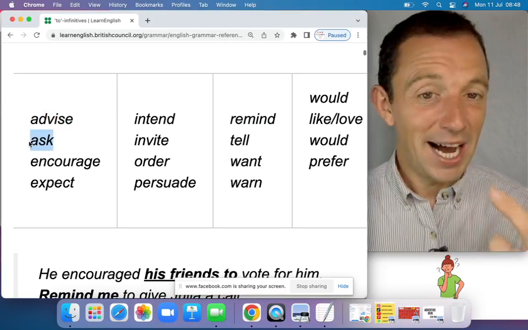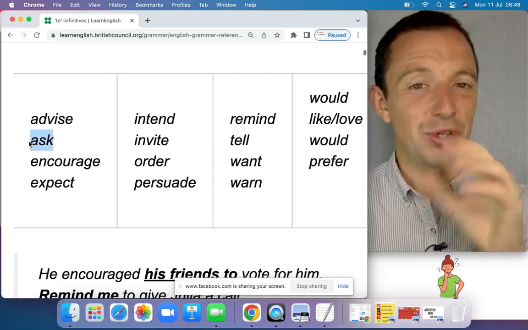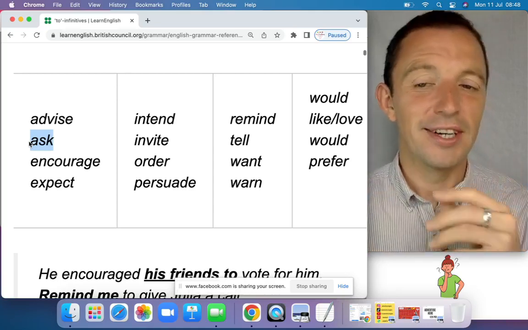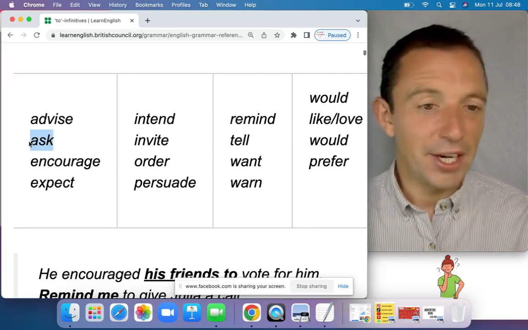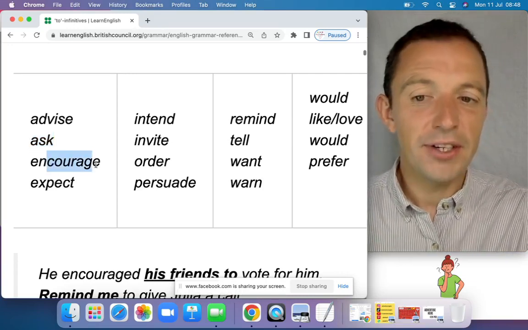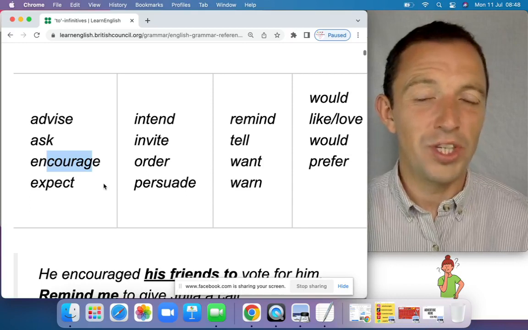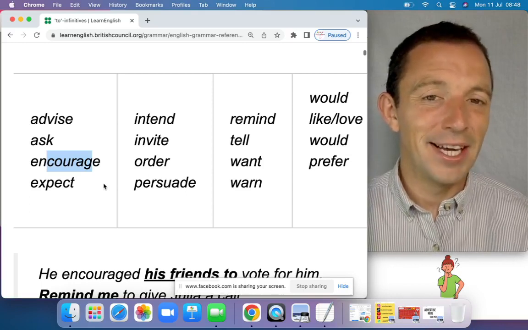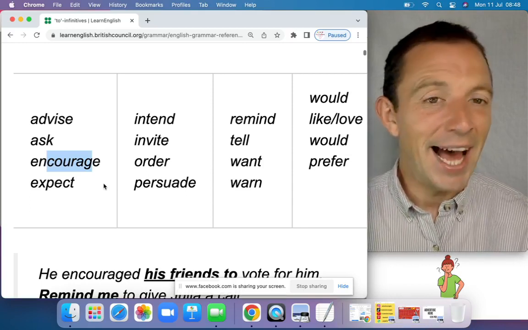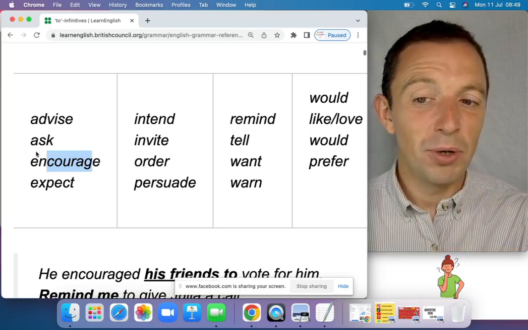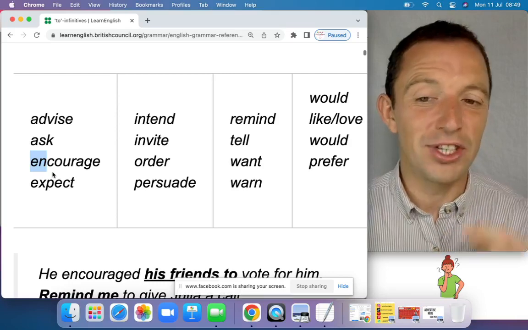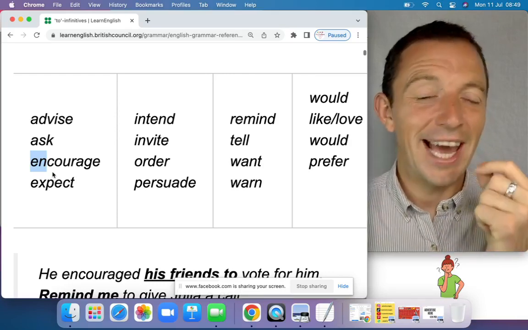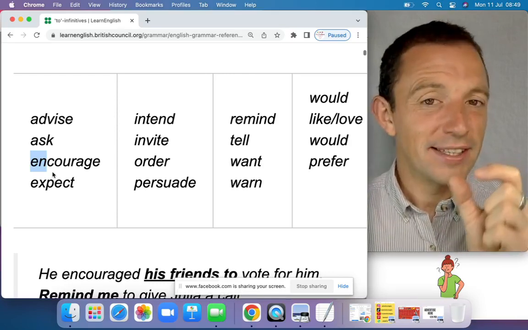Ask is very similar. Ask me, direct object. Ask you, ask him, ask her, ask us, ask them, etc. Encourage. Here you can see the word courage, which is similar to brave. It's a noun. You have courage, but with the prefix en, it's the verb to encourage, similar to enjoy, entertain, the prefix en.